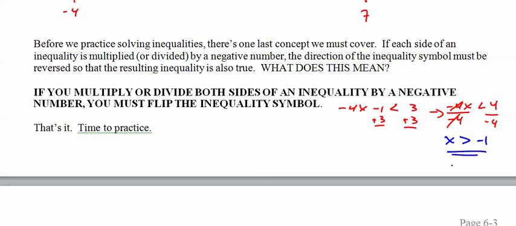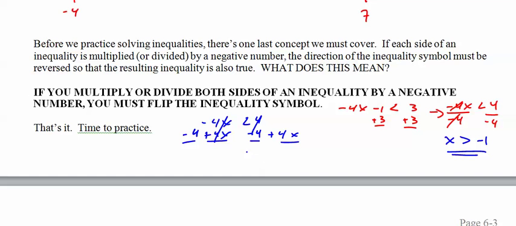A lot of people say, well, why? And I say I can solve this different ways. I could add 4x to both sides and it would end up on the other side. So that's why. Go ahead and solve it another way if you want. When you get to negative 4x is less than 4, add 4x, add 4x, subtract 4, subtract 4. We already got our 4 there. We're going from the second step.